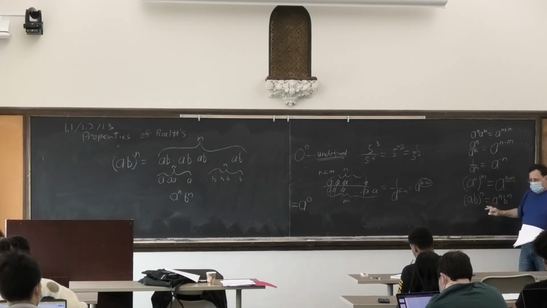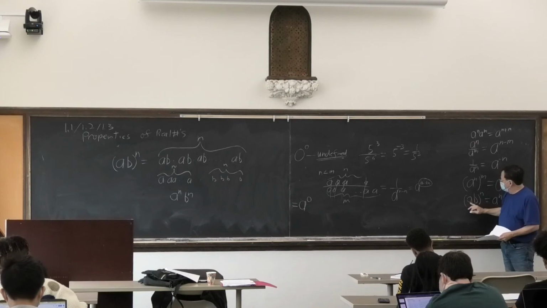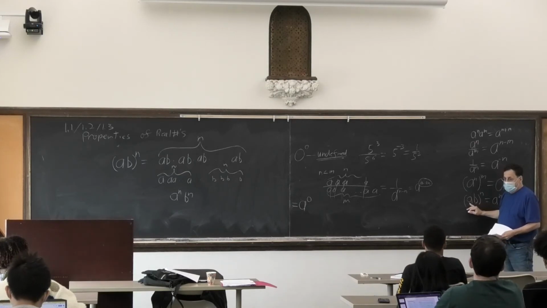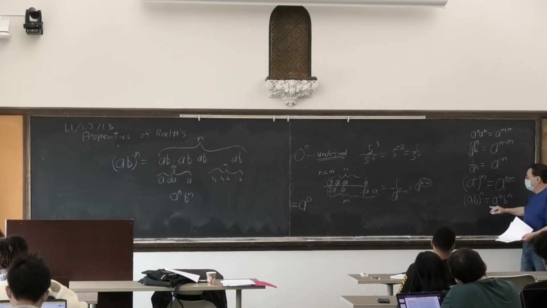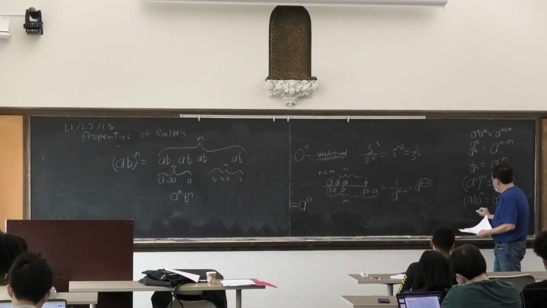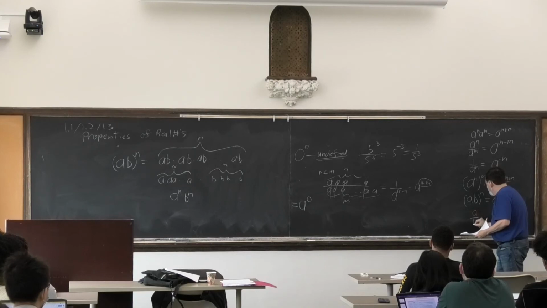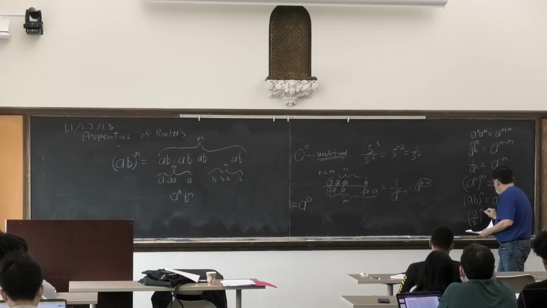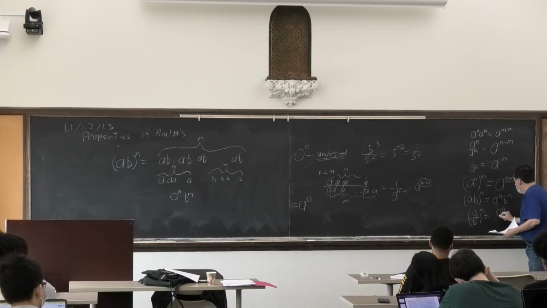And if I substitute for a, 1 over a, which I can do, it's just a number, and substitute 1 over b, I get a over b to the n is a to the n over b to the n.